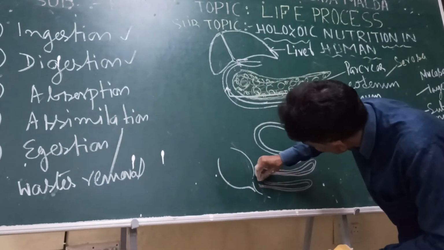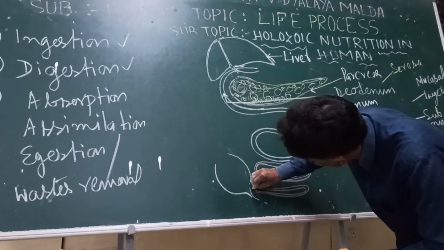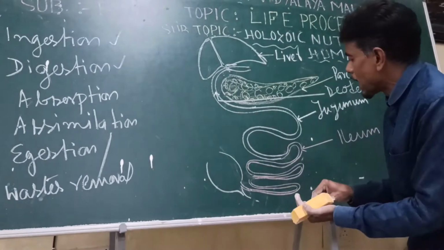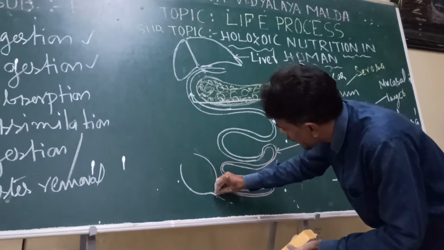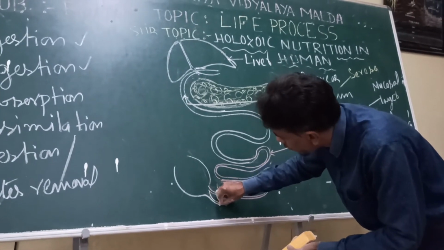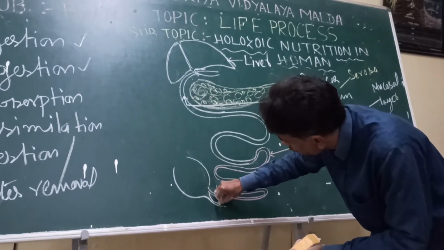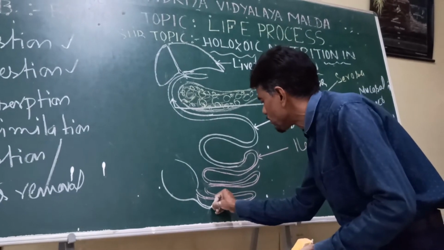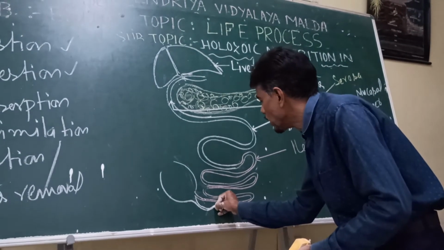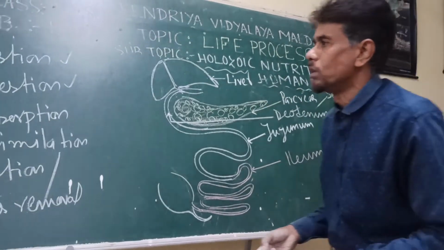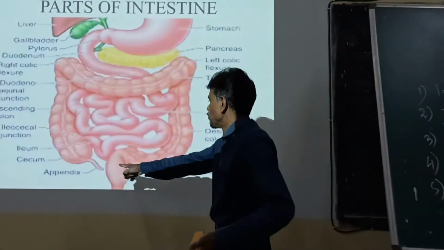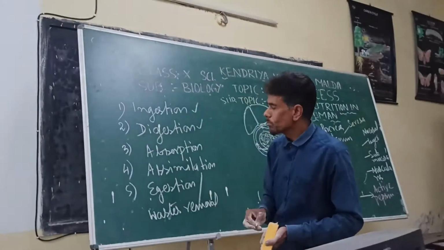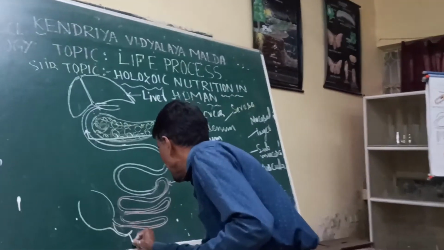See how the ileum is now opening into cecum. Cecum end part is having a lizard tail-like structure, what we call as appendix. So this is the lizard tail-like structure you see here. In the diagram is the appendix. So this is the appendix.